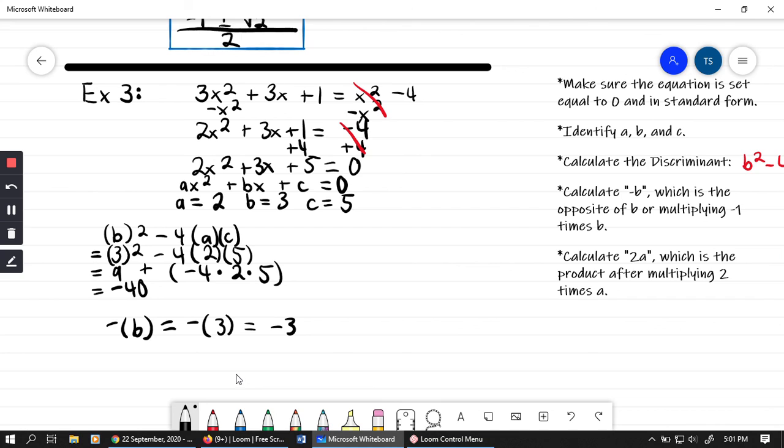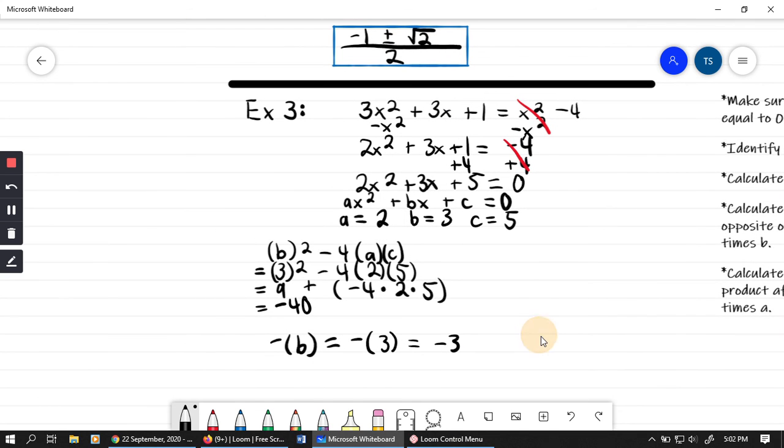So negative b is negative 3, and again the discriminant was negative 40, and 2a, 2 times 2, gives us 4. So we've got all three parts there.